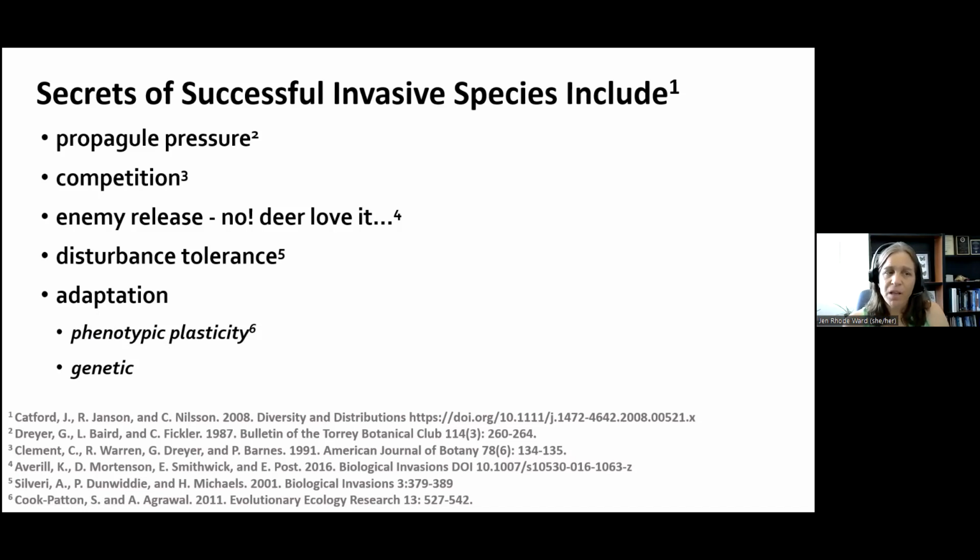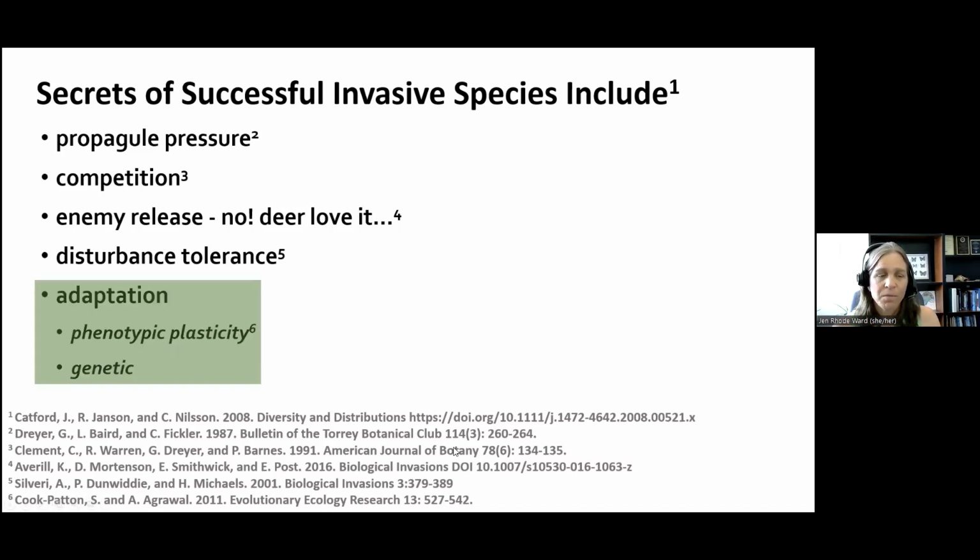Also, there hasn't been really an exploration of the genetic basis of adaptation in this species. So are some genetic strains better at growing than others? Has there been selection over time? So natural selection from the Biltmore estate introduction to prefer some genotypes over other genotypes.